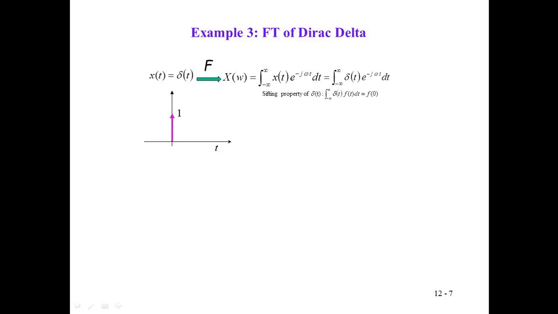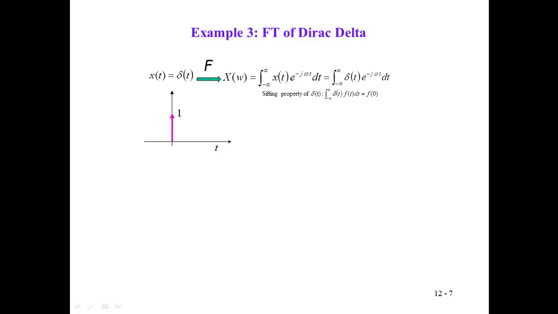In the shifting property of Dirac, the integral from minus infinity to plus infinity of δ(t) f(t) dt is the value of f at 0, because the argument t equals 0 is defined for the Dirac function, so we just substitute this argument in the f function as a result of the integral.